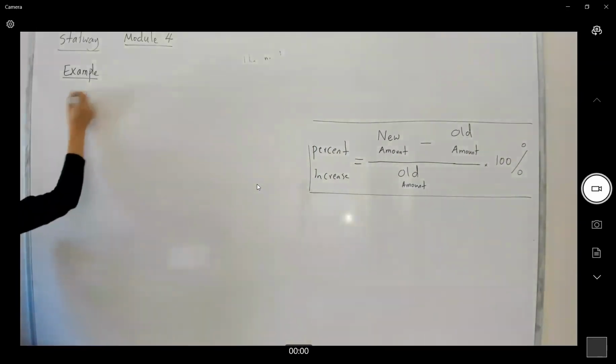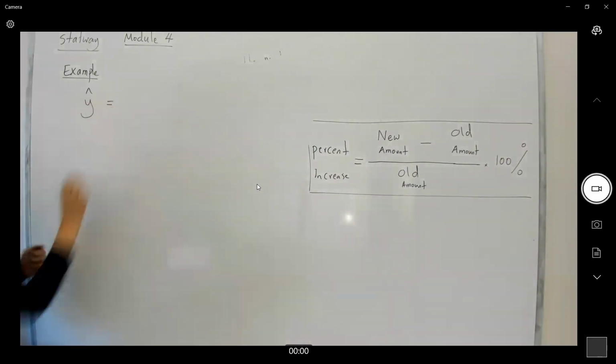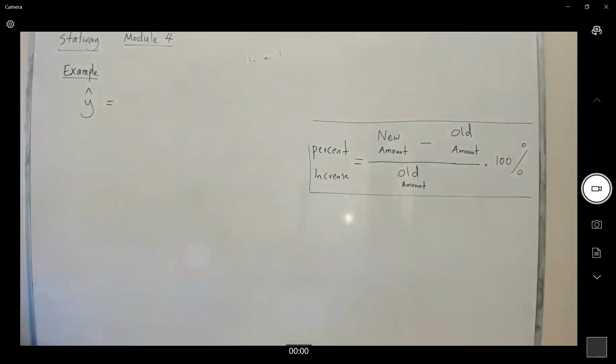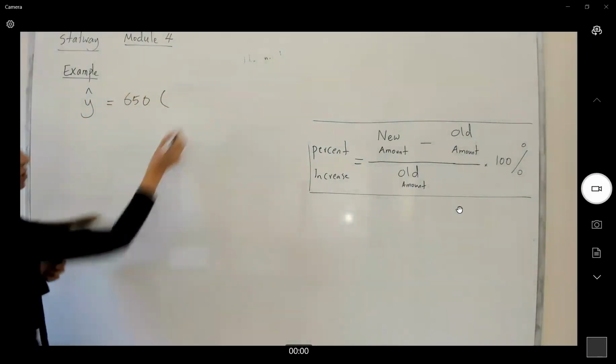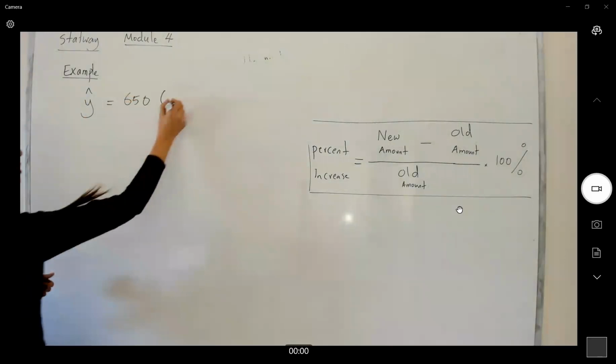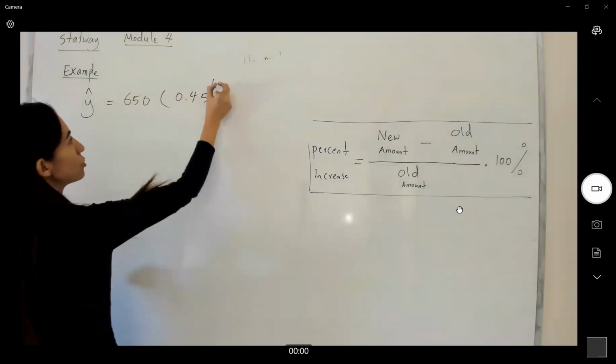So in this example, we have our model y hat, which is equal to 650 times your B, 0.45, to the h.